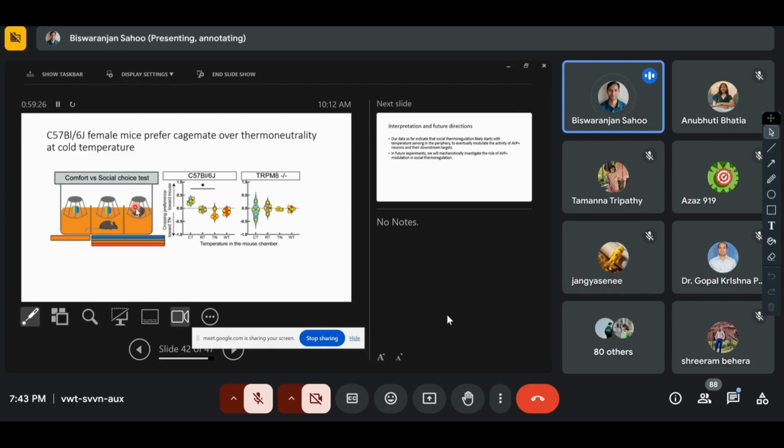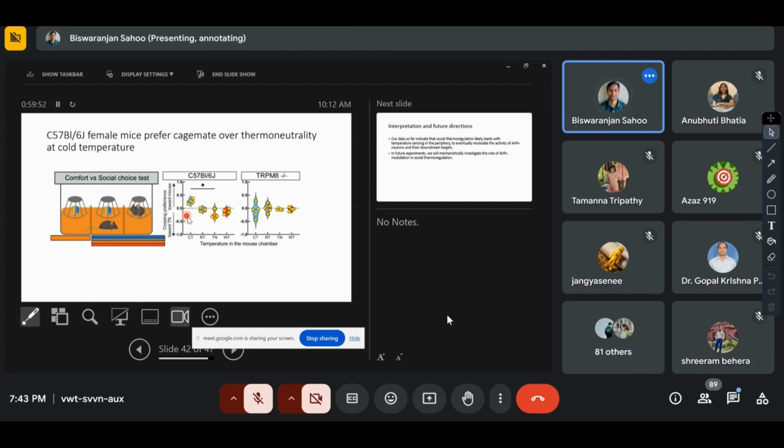What we found is that the wild type, during cold, the graph shows positive from zero onwards, meaning they go towards the cage mate, and negative means towards the thermoneutral comfort zone.